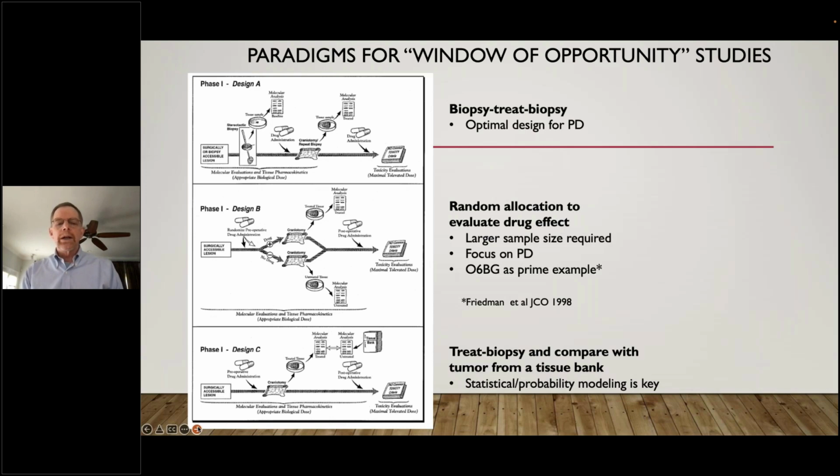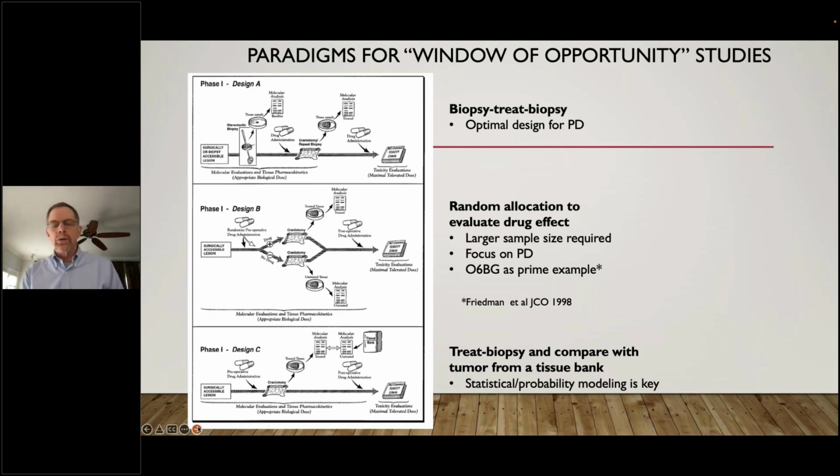The second design is a random allocation. So one group of patients gets the treatment, the other does not, and you see whether the target is more impacted, or a higher percentage of patients have lower target with treatment than the control group.